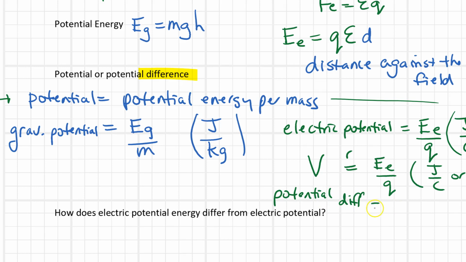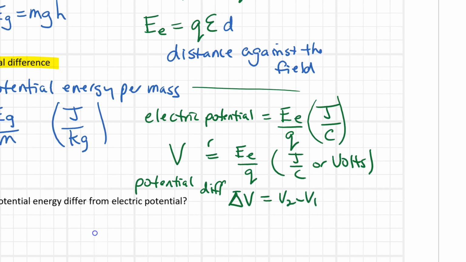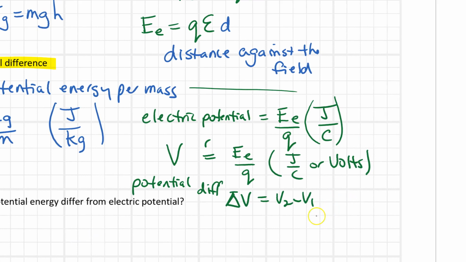The way we could write this would be delta V, and we could call this V2 minus V1, or we could also say the change in electric potential energy divided by the charge. So we can think of it as either way.